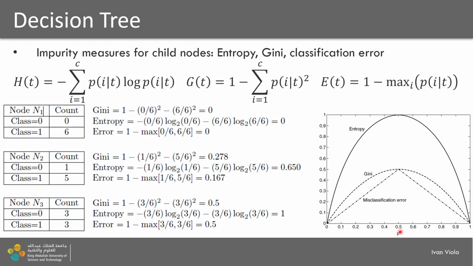If we have equal probability for both, that results in very high entropy.